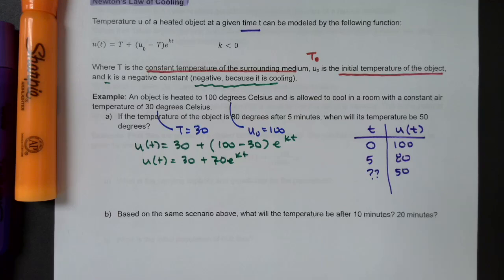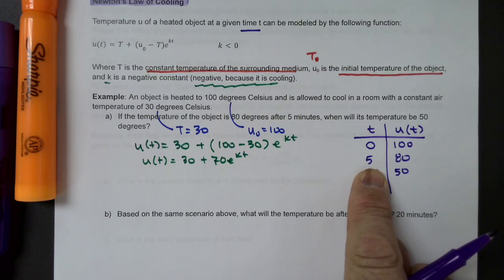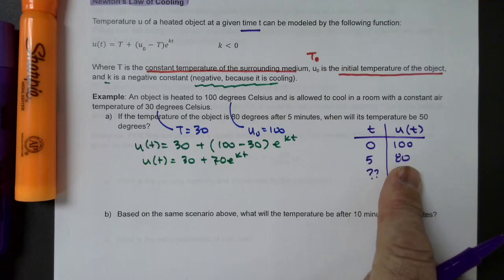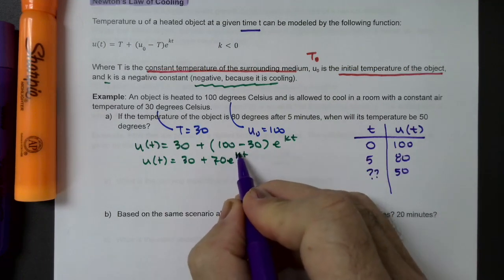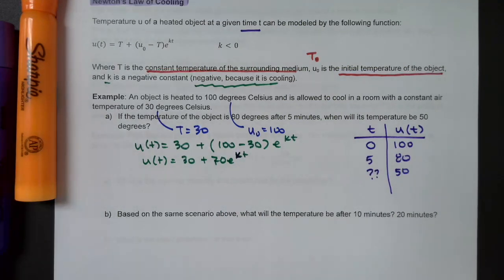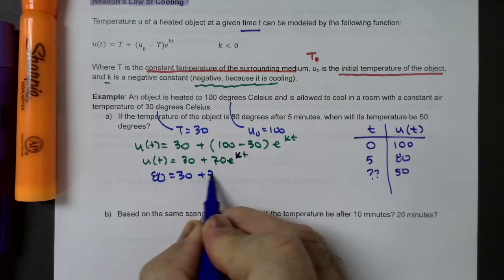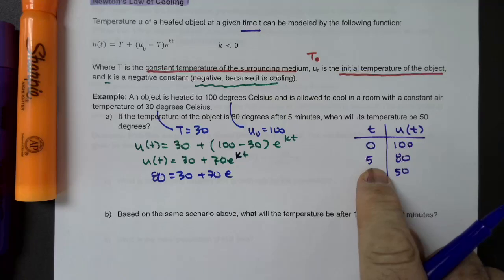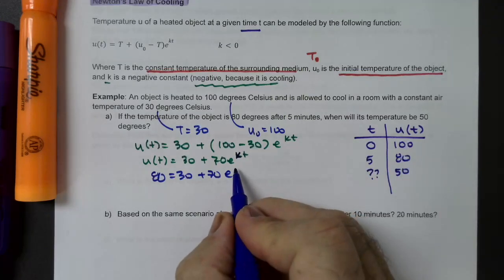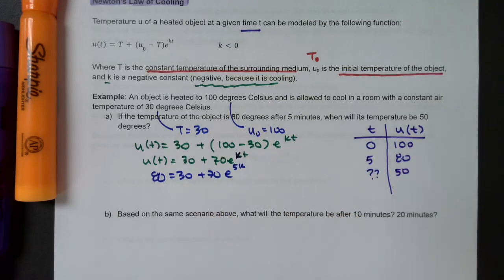Then we can start substituting in some values here and see if we can solve this thing. Let's put in time of 5 and the temperature of 80. That's going to allow us to solve for K. So this will be 80 degrees equals 30 plus 70 times e to the 5 times k. The t is 5 times k.